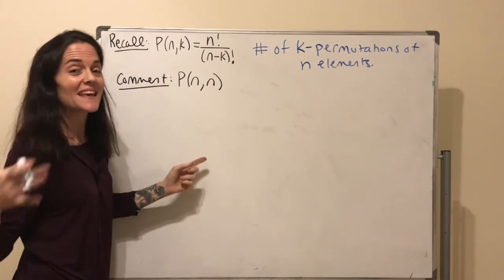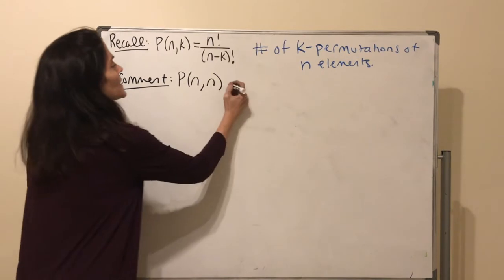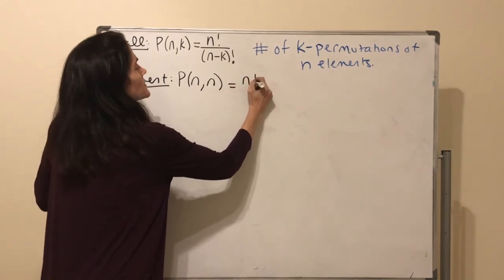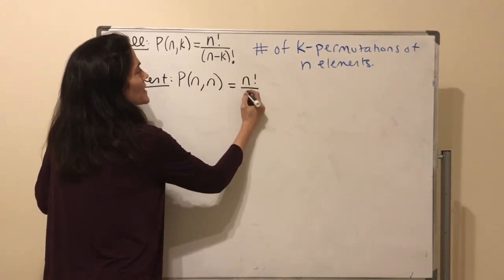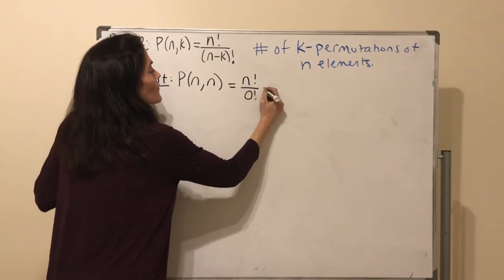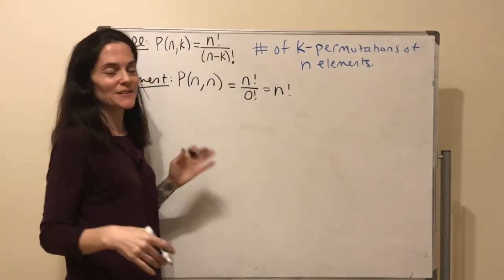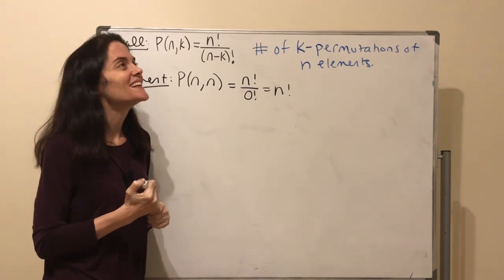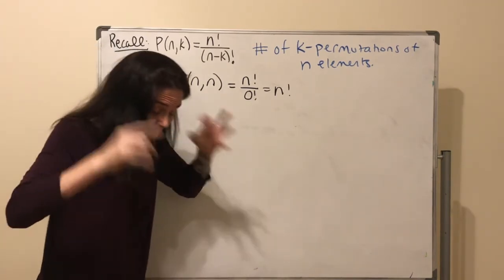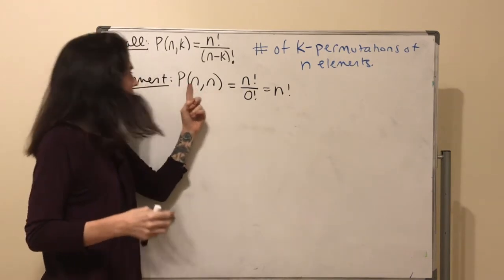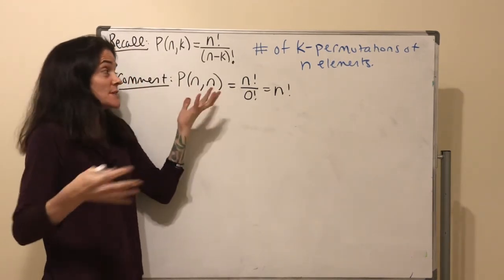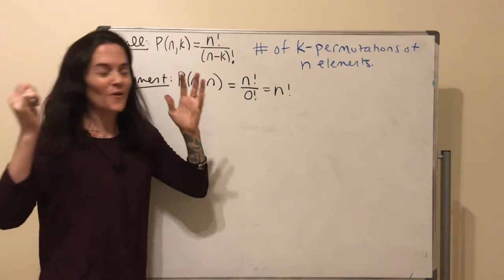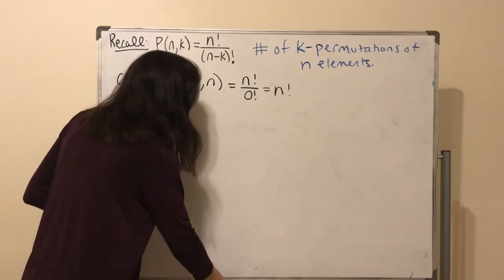And what is P(n,n)? Well, we know what this is. Looking at the formula, it would be n factorial over 0 factorial. And 0 factorial is just 1. So this is n factorial. This is counting, well, if you interpret it this way, it would be just all permutations of n elements.